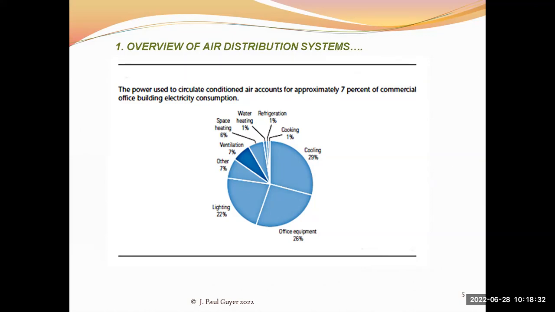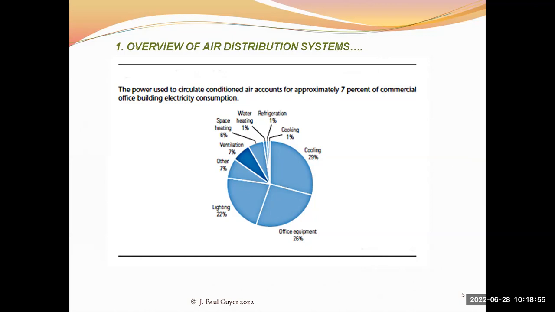So the cooling equipment, the chiller, is the biggest consumer of power. That's around 29%. Office equipment, that's the computers and printers and all of that sort of stuff. Lighting, about 22%, and so on and so forth.